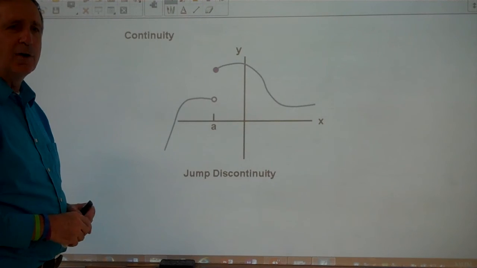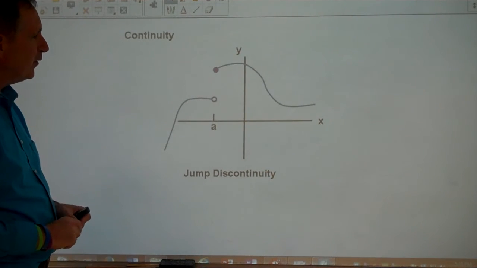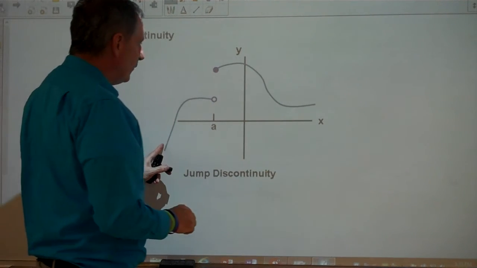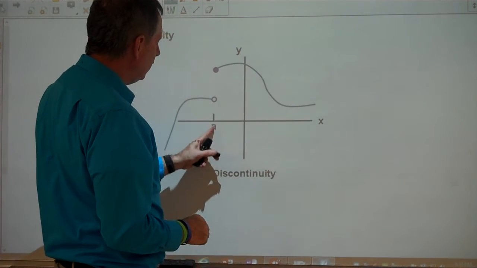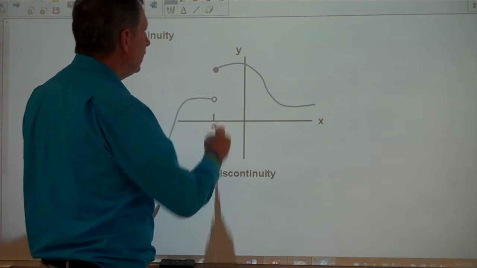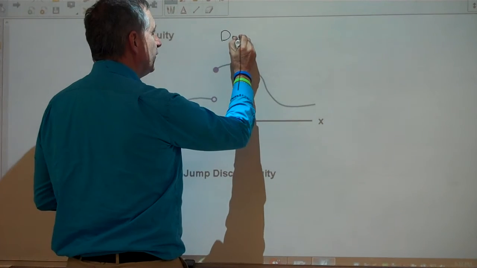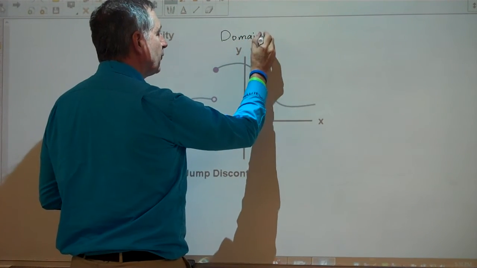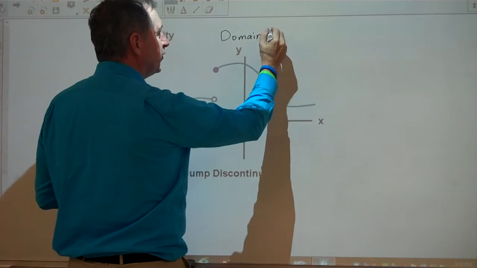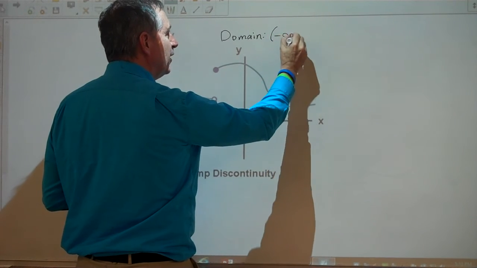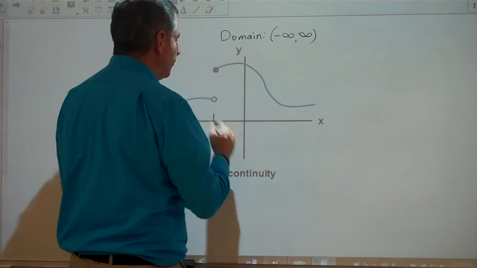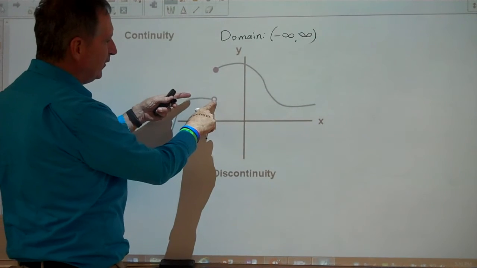That's the type of discontinuity we have at this point, because the function comes all the way here to input of a. Our domain is still defined for the entirety of input possibilities, so we're still negative infinity, comma infinity, but we cannot fill this in.